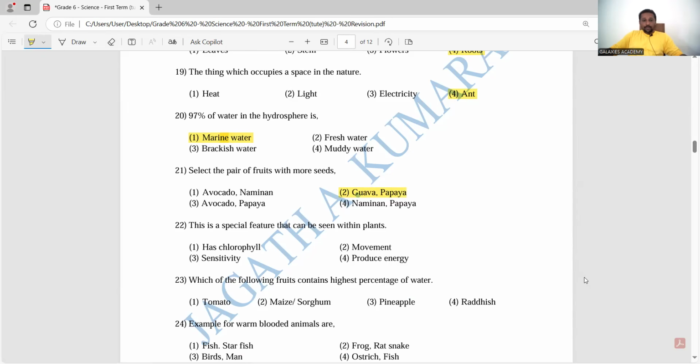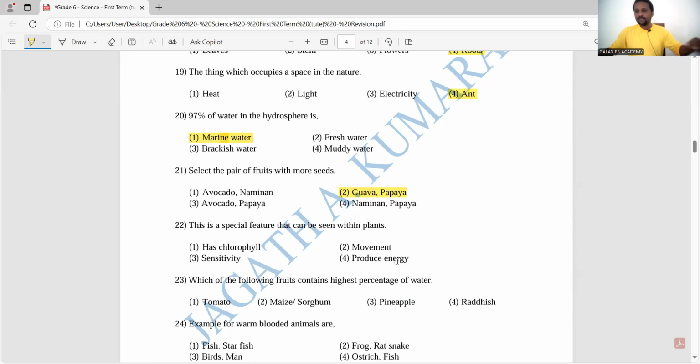Right, then let's go to number 22. Number 22 asks for a special feature that can be seen within a plant. Has chlorophyll, movement. We can't see the movement of the plants, no? Produce energy. Produce energy, we can see in both plants and animals.